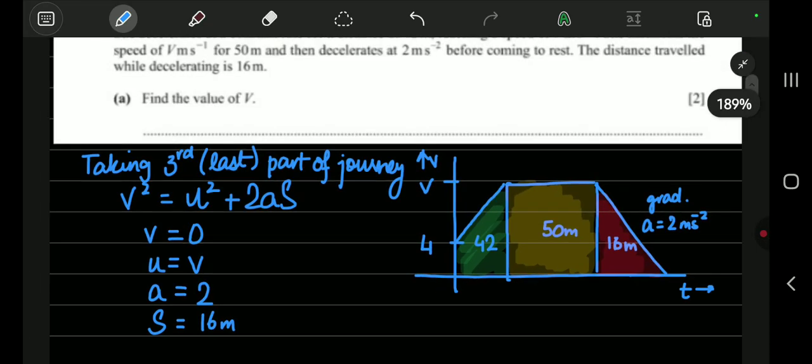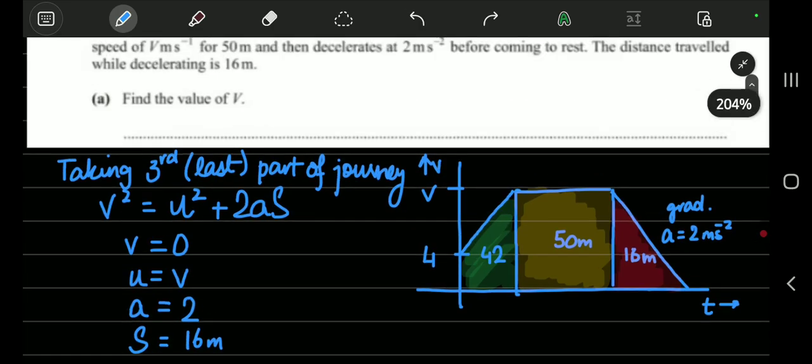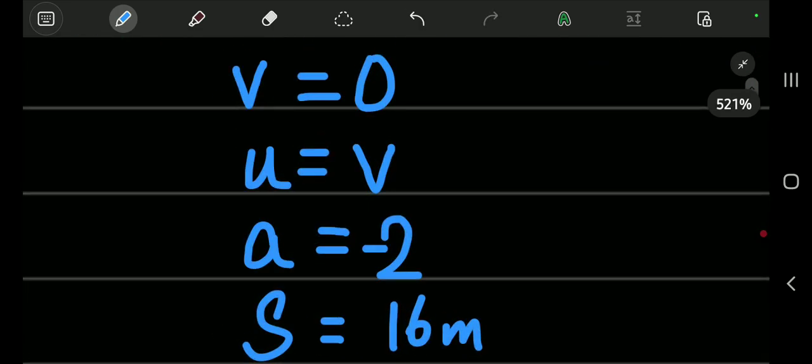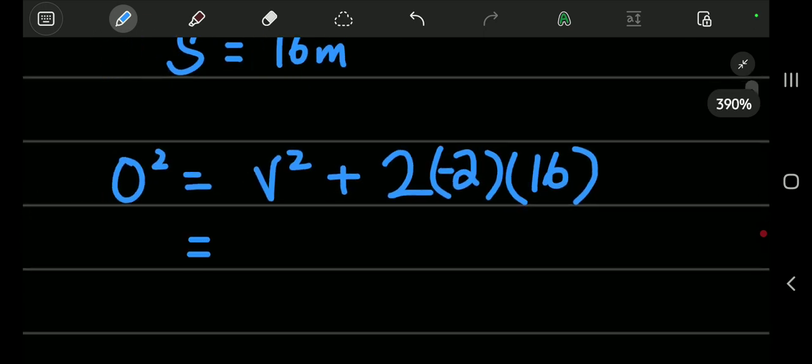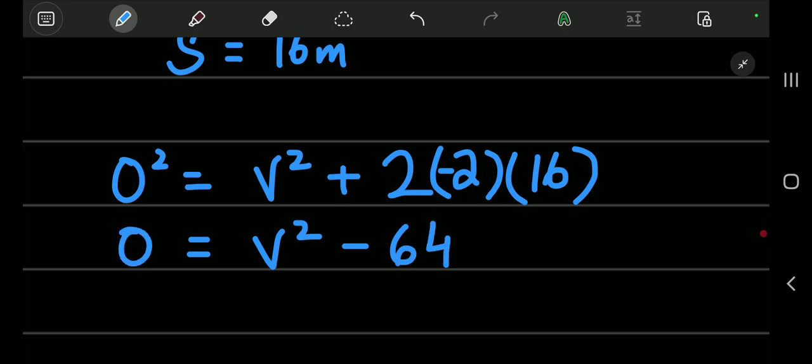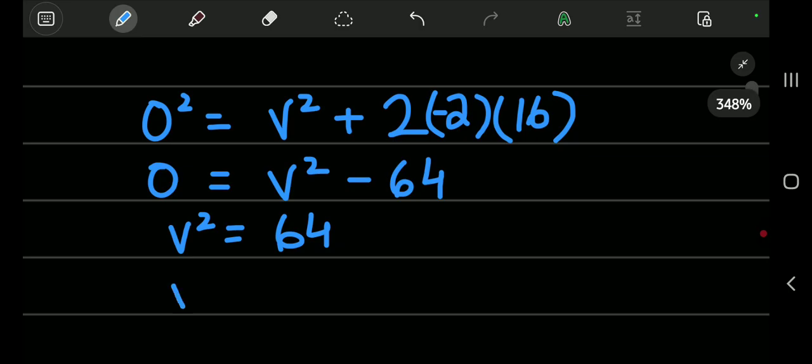Okay, will acceleration be 2 or minus 2? As this is decelerating, so obviously minus 2. So here it becomes v square minus 64 equals 0, and v square equals 64, and v equals 8.